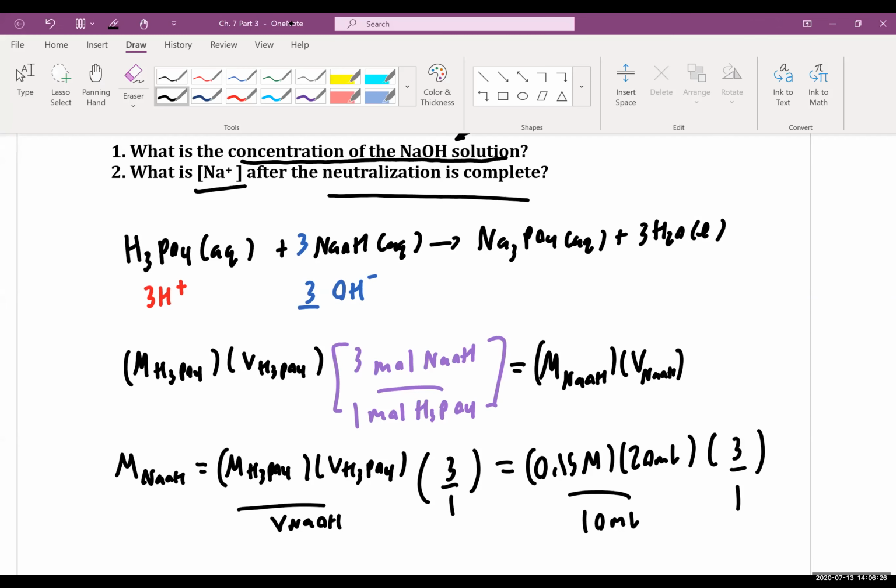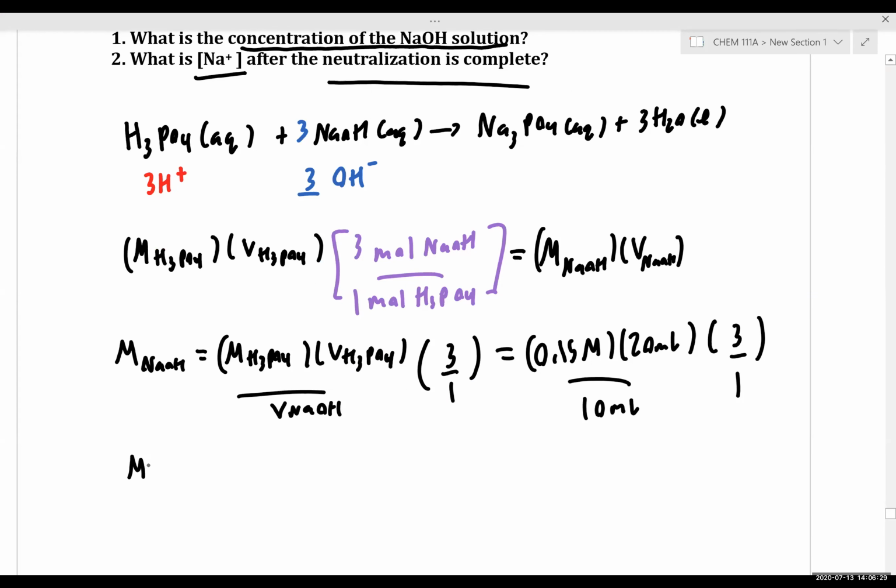Punching this into our calculator, we get the molarity of sodium hydroxide is equal to 0.9 molar.